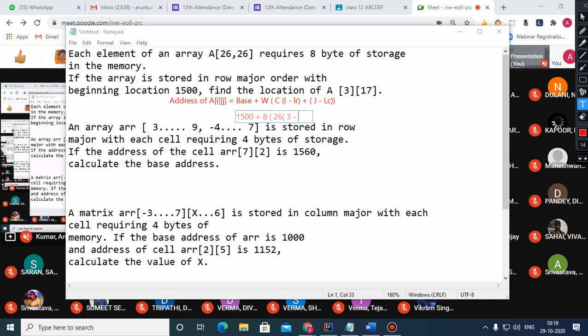And as I told you earlier, since columns and rows are given, LR and LC you have to take as 0. And the column subscript of the required element is 17 minus 0. This is what you have to solve. And then the address of A[3][17] you can get.